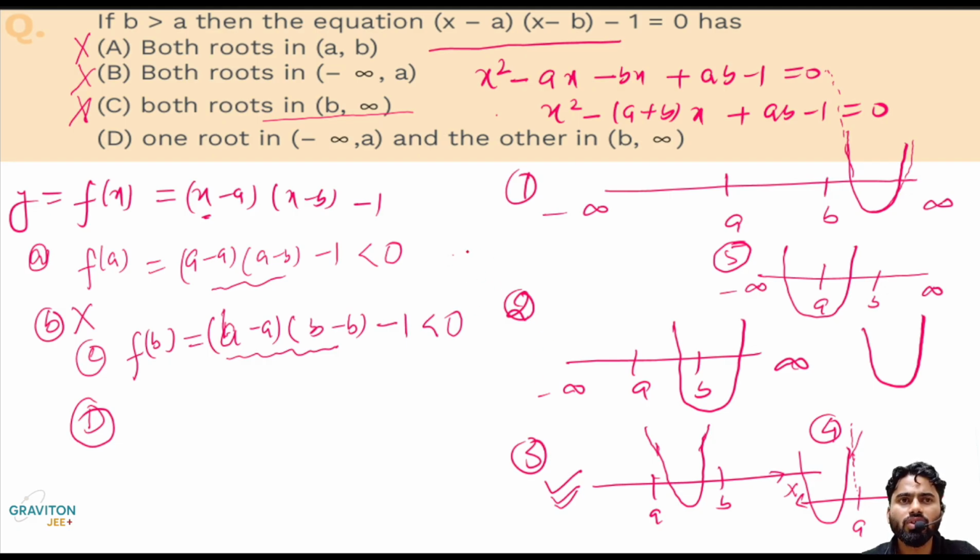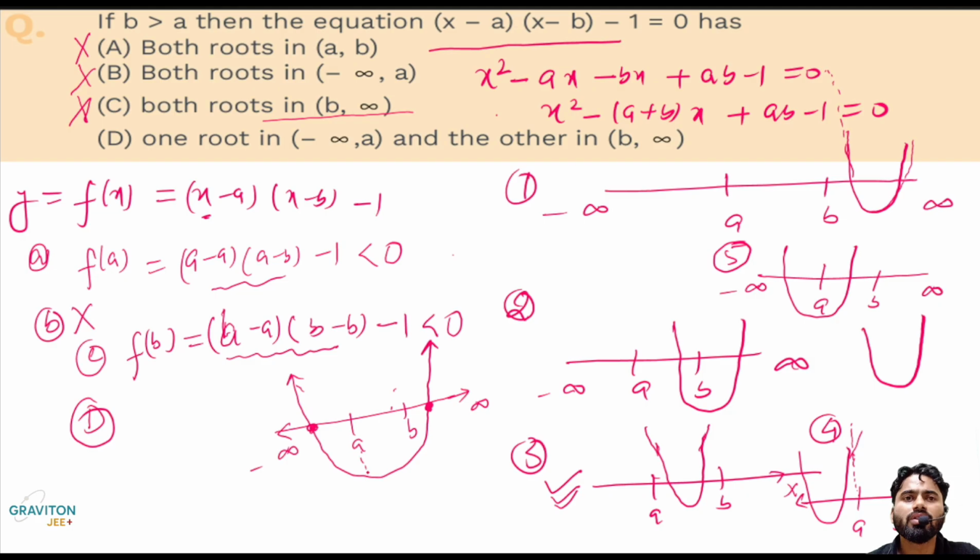If one root is between minus infinity to a and another root is in b to infinity, then your parabola will be something like this. One root will be here and one root will be there.